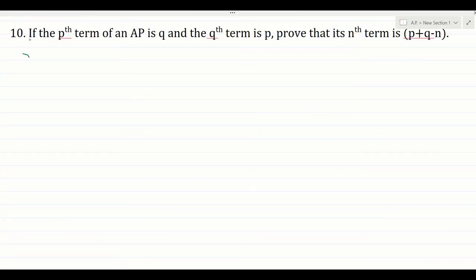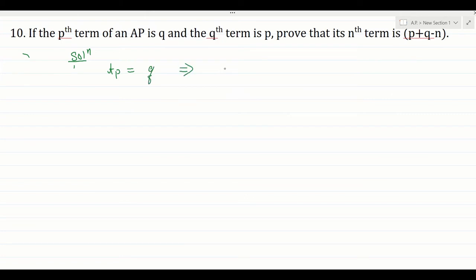Question number 10. If the pth term of an AP is q and the qth term is p, prove that its nth term is p plus q minus n. So here we are provided, pth term means Tp is equal to q.